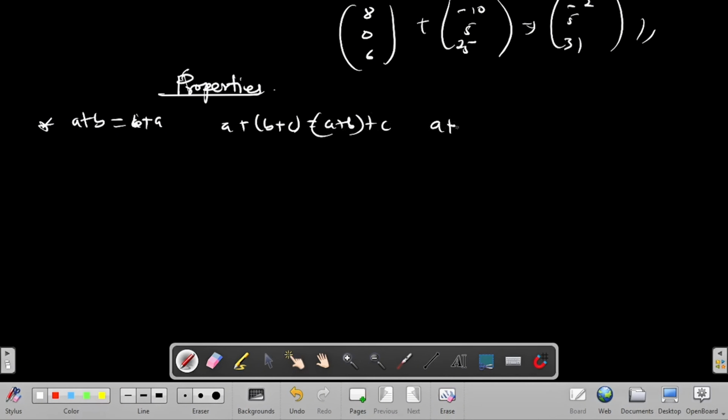Also, a vector plus its inverse is equal to 0. Then distributivity, c times a plus b equals ca plus cb. It follows the same basic rules. So that is all I have for you in this lesson. I'll see you in the next lesson as we talk about the standard basis vectors, then also unit vectors.